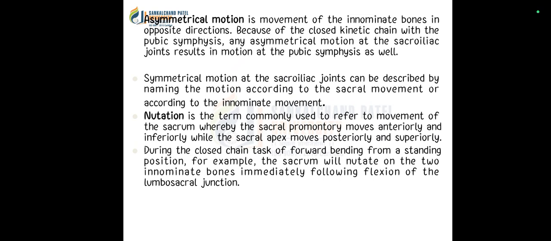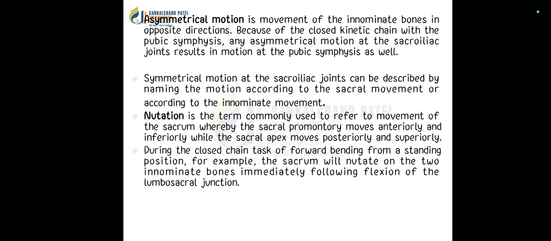Symmetrical motion at the sacroiliac joints can be described by naming the motion according to the sacral movements or according to the innominate movement. First one is nutation, a term commonly used to refer to movement of the sacrum whereby the sacral promontory moves anteriorly and inferiorly, while the sacral apex moves posteriorly and superiorly.